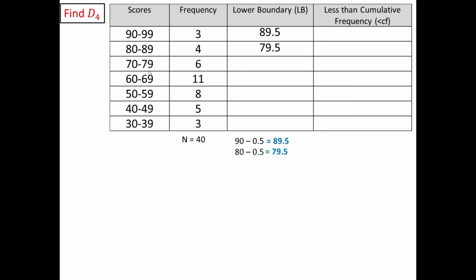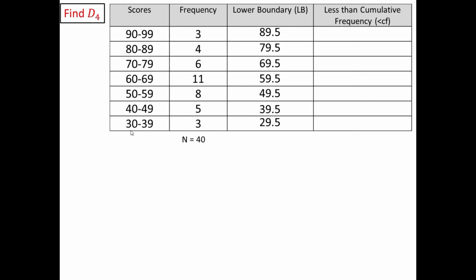Continue mo lang yung step. 70 minus 0.5 is 69.5. 60 minus 0.5 is 59.5. 50 minus 0.5 is 49.5. 40 minus 0.5 is 39.5. 30 minus 0.5 is 29.5. So, na-complete na natin yung ating lower boundary column.